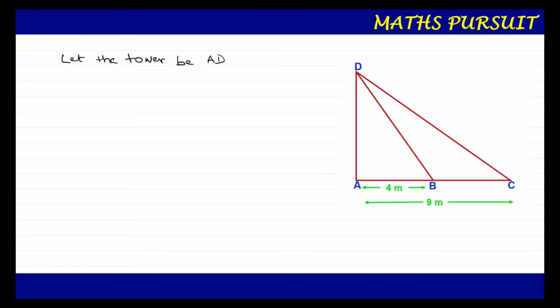Now there are 2 points. As per the question, the angle of elevation of the top of a tower from 2 points at a distance of 4 meter. So if the foot of the tower is A, and one point is B, the distance between them is 4 meter as per the question. AB is equal to 4 meter.